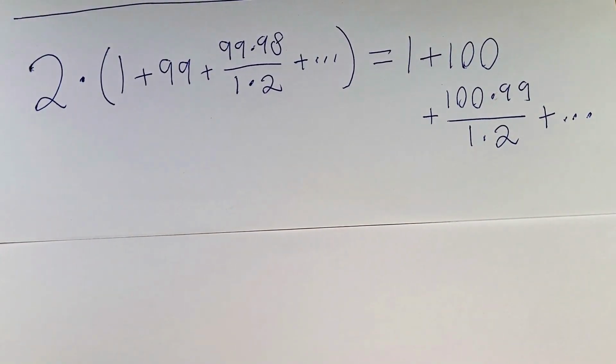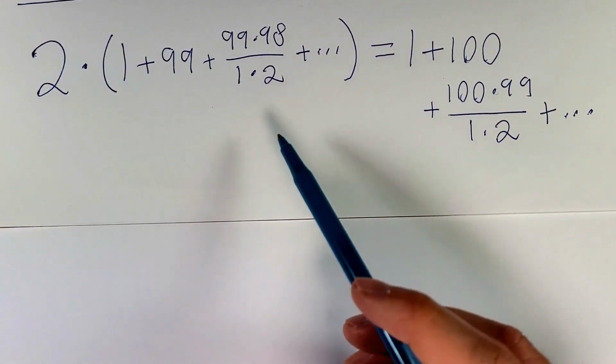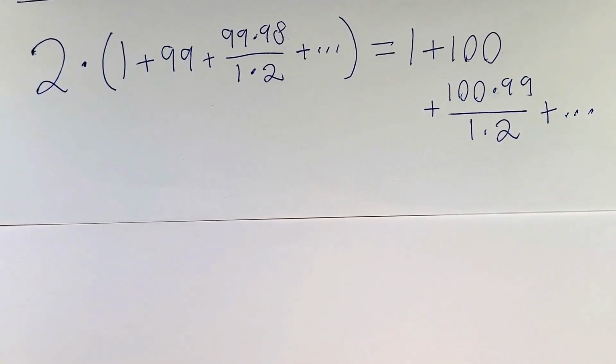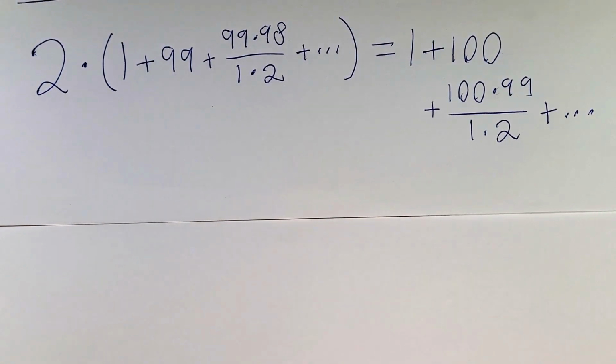So what I'm going to do now is look at the left-hand side of this equation. Since any number multiplied by 2 equals that number plus itself, I can rewrite the left-hand side of this equation like so.